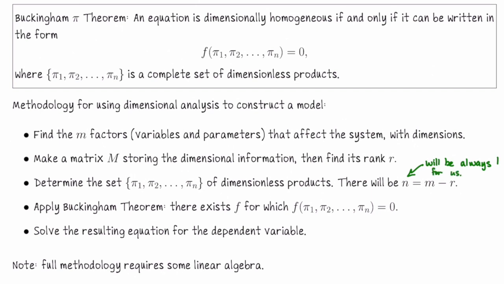Basically, we're going to end up with 1 dimensionless quantity, and that's going to lead to our relationship. So then we apply Buckingham's theorem. We just say that there exists an f for which, in our case, f of pi 1 equals 0. From getting to write that down, we can then come up with an equation which might be a fundamental equation of physics.